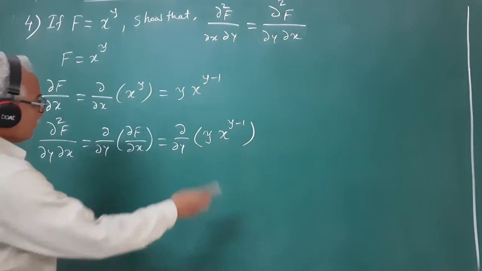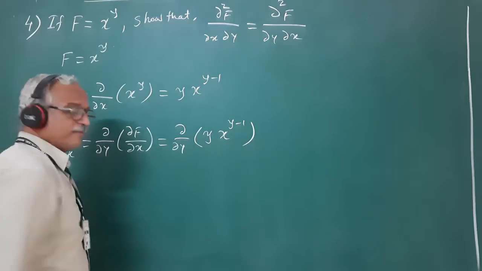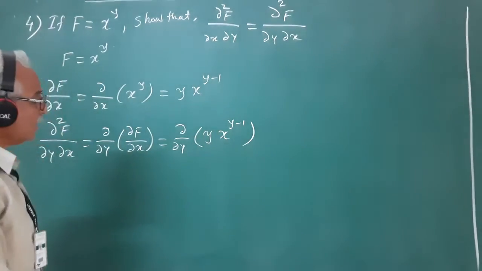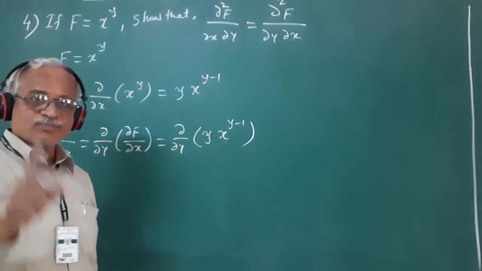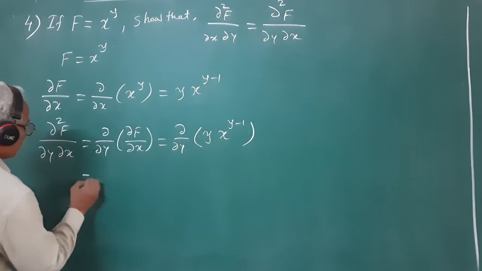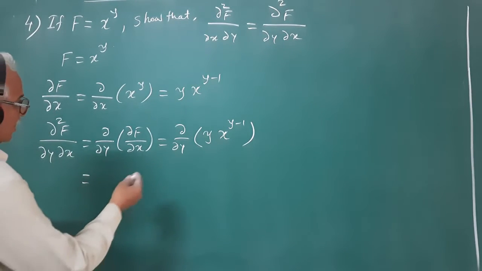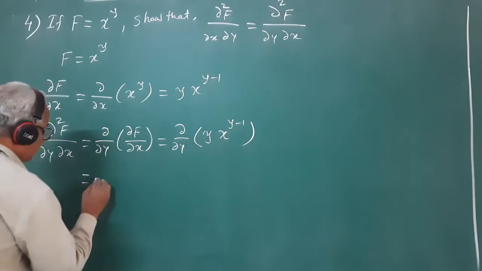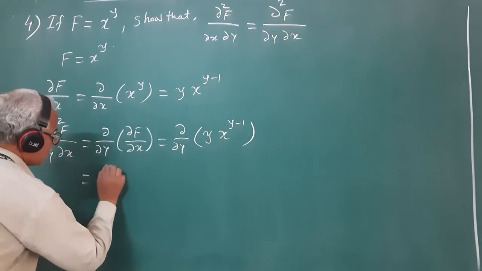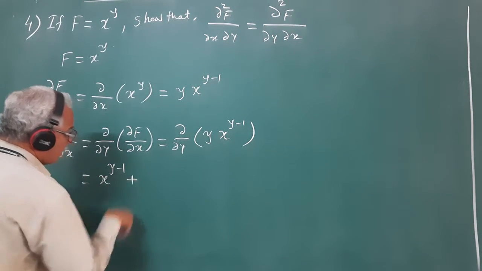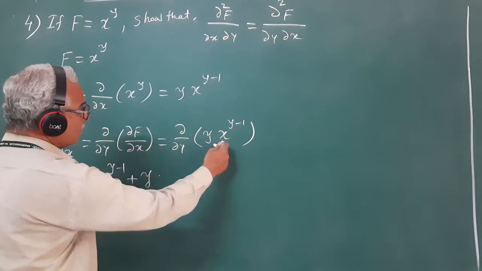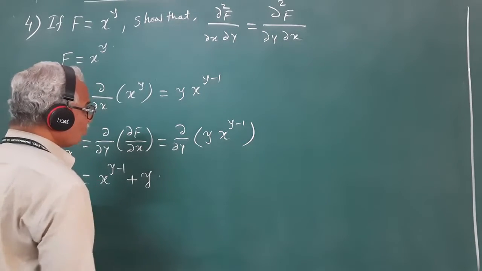So this is nothing but ∂/∂y of y x raised to y minus 1. Here there are two terms containing y, and we want to differentiate this product of the two terms with respect to y. So we have to use the product rule for differentiation. If we differentiate y with respect to y, it is 1. So it is x raised to y minus 1, plus, keeping y constant, differentiate the term x raised to y minus 1 with respect to y.